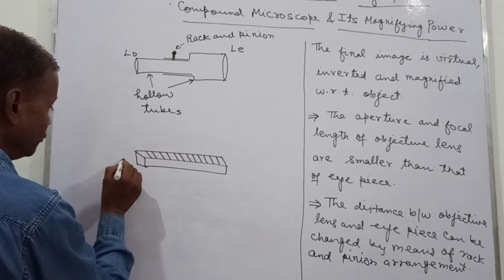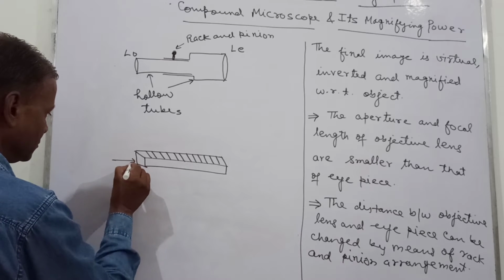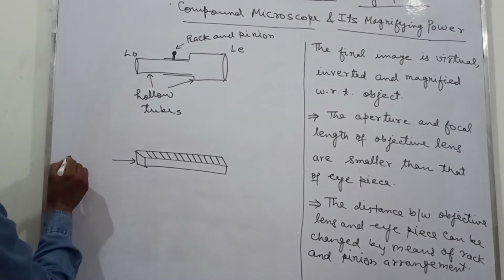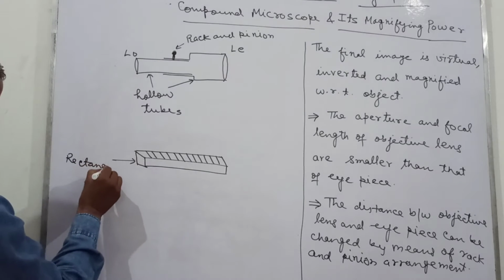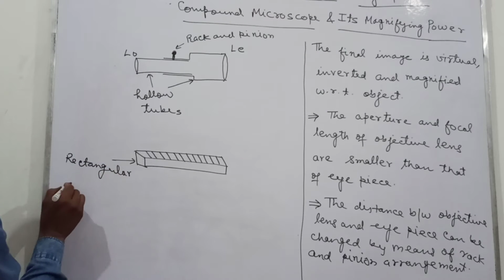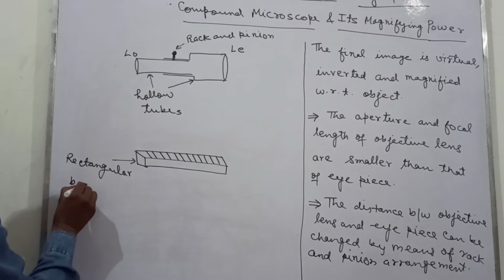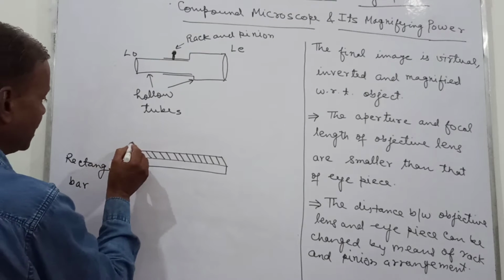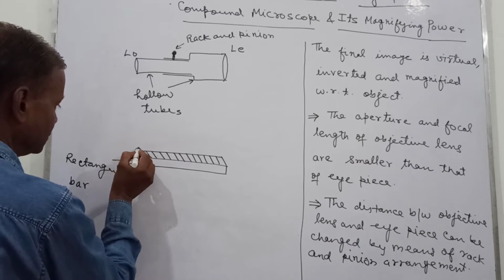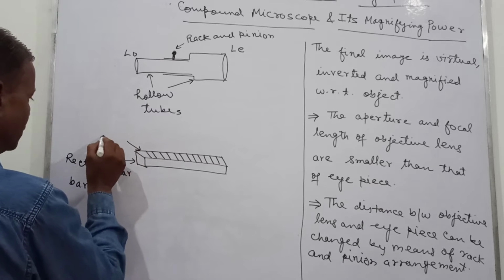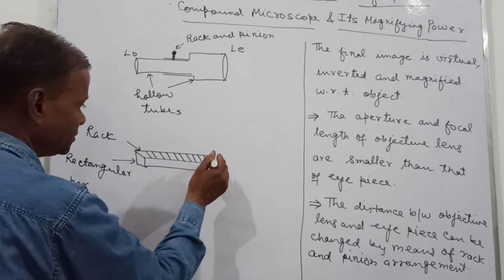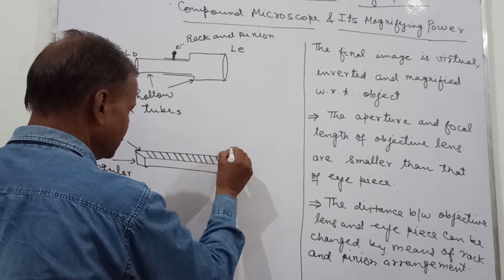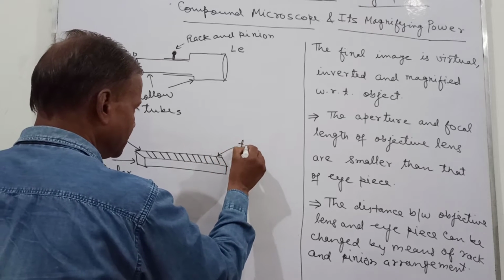So this is a rectangular bar, which is called the rack. These are the teeth.